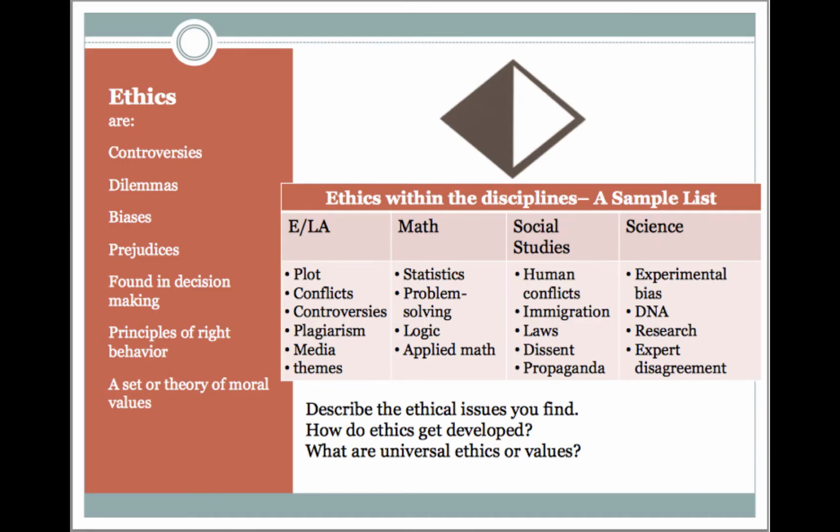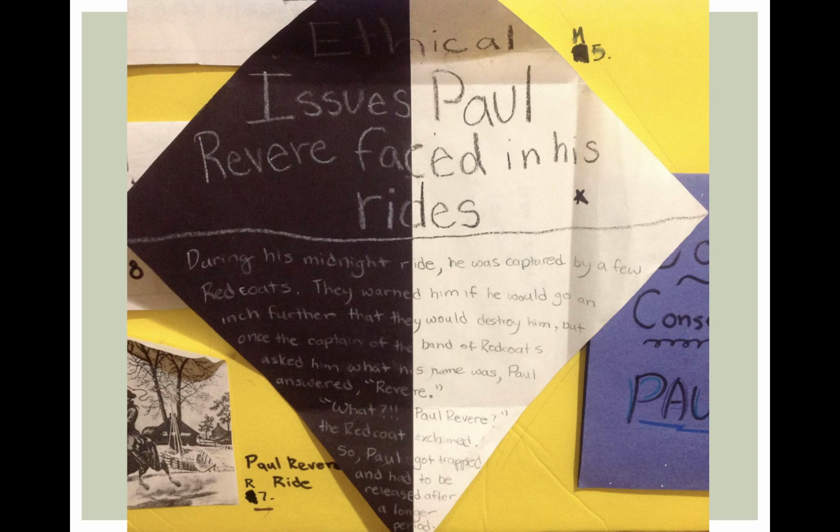You could also have a student look at ethics, which is the next icon under depth and complexity. The three prompts that we would look at are: describe the ethical issues you find. How do ethics get developed? Or what are universal ethics or values? And this one really works well for English language arts. This one might be social studies, but it lent itself really beautifully to analyzing the ethics that characters or historical figures had to grapple with through their circumstances.